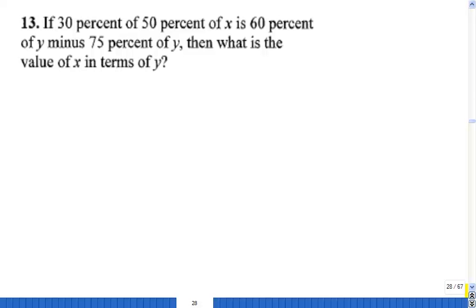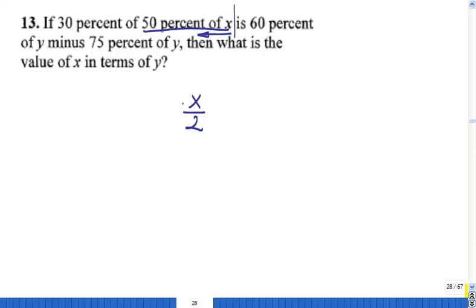Okay, let's write one step at a time. 30% of 50% of x. How can we write that? Work your way backwards. First of all, how can you write 50% of x? As a fraction, that will be half of x.